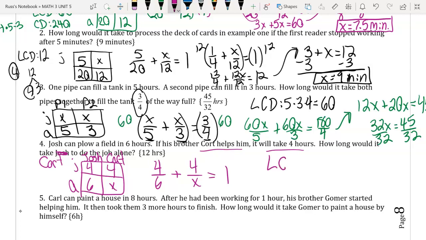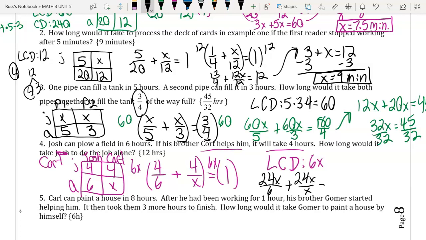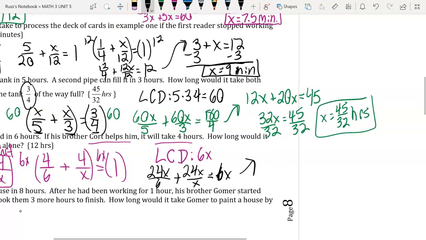So our least common denominator here is a little weird. It's 6 and x, or 6x. So we're going to multiply everything by 6x. Okay? So 6x times 4 over 6 is 24x... er, 4x. 6x times 4 over x is 24 equals 6x.